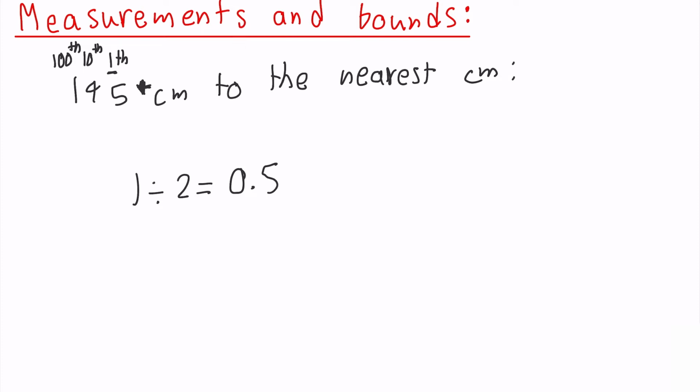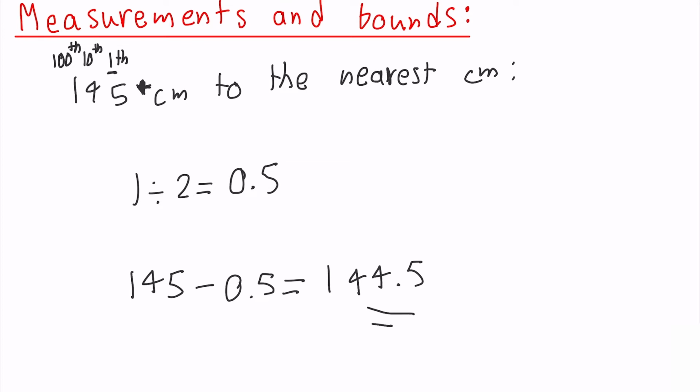So we do 145 minus 0.5, which equals 144.5, and that's the lower bound. To find the upper bound, it's going to be 145 plus 0.5, which gives us 145.5.